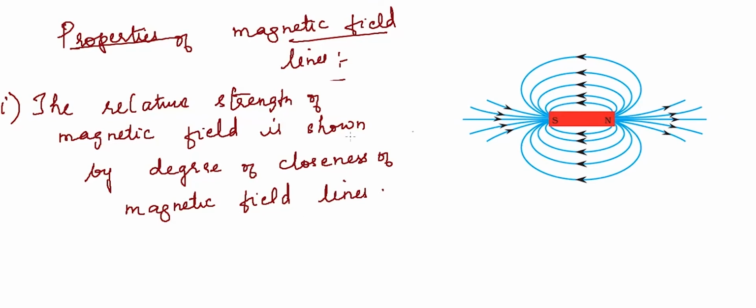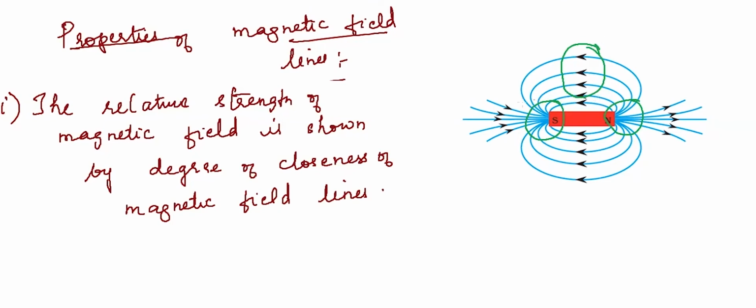As we can already see here, at the poles the strength of the magnet is maximum. Near the poles, we can see that the lines are closely placed together. And when you go away from the magnet, like at the middle point, the lines are not placed very close to each other. They are farther apart from each other.